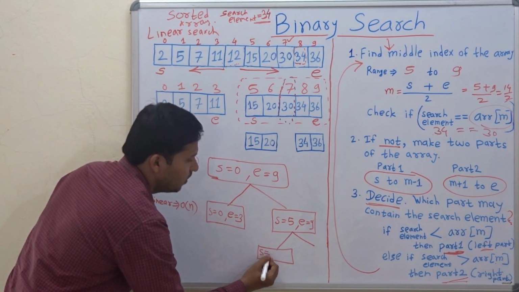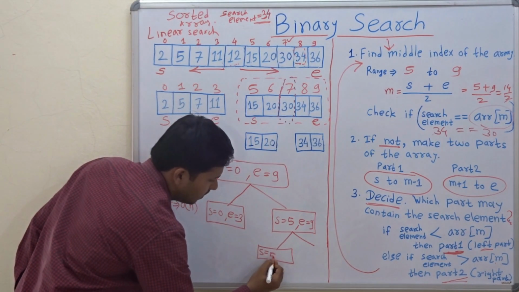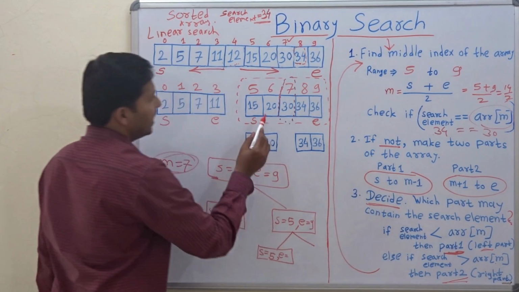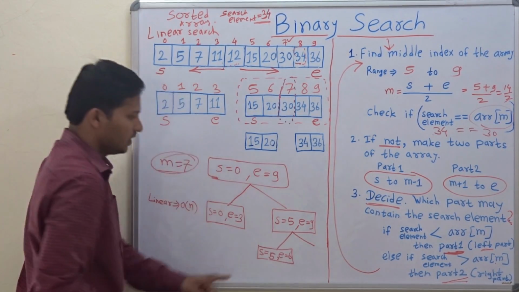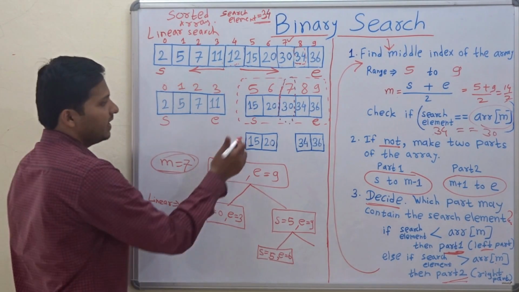So see here, we have to make two parts. s equal to 5 to m minus 1, so that is 7 minus 1, that is 6. So s equal to 5 and e equal to 6 for this part of the array.